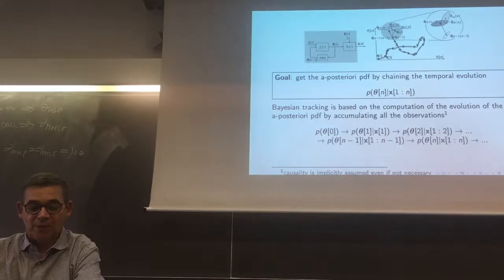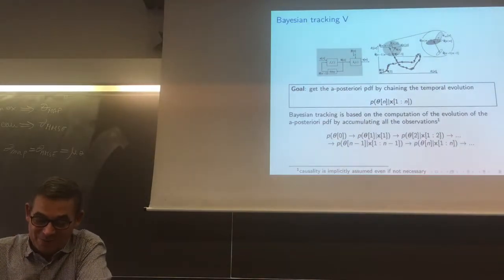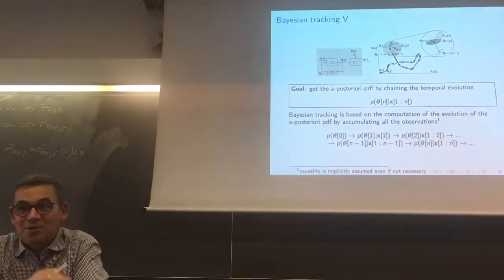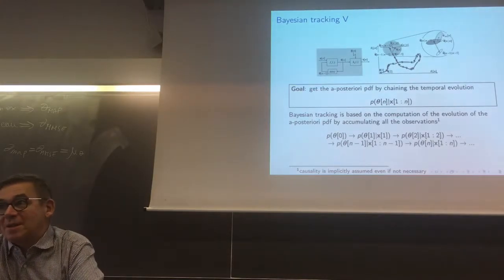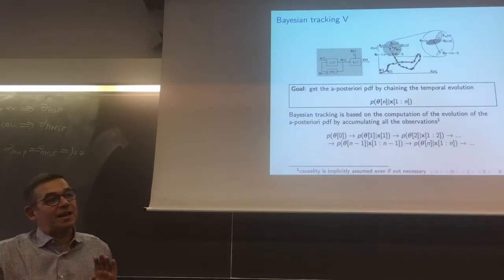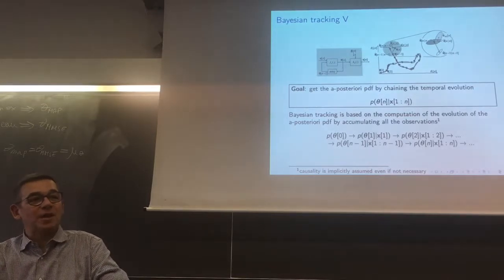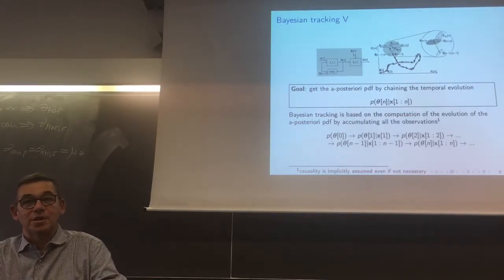I was skipping one step. We discussed in a minute what the basic assumptions of Gaussian are. Now our goal: I told you that I have the a posteriori. If I have the a posteriori, I know how to do everything, but how do I get to the a posteriori?